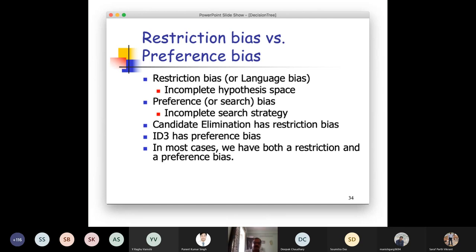These are two extreme cases, but if we consider machine learning algorithms in general, they have tried to work with both kinds of bias. They try to restrict the hypothesis space, and even in that restricted hypothesis space, they impose certain preferences of search.